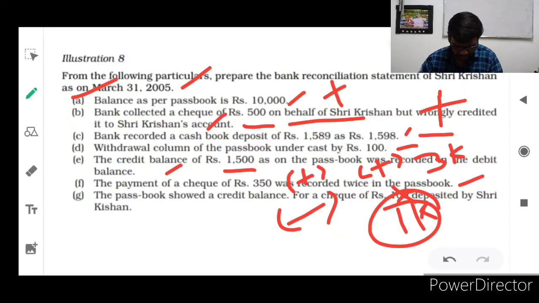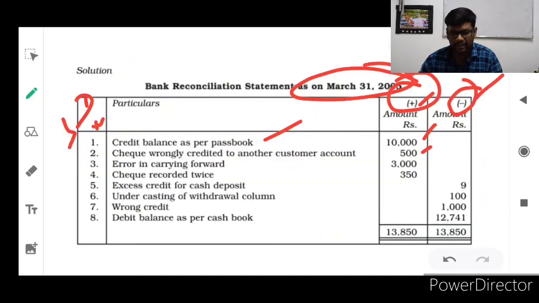And third one, bank recorded a cash book deposit of rupees 1589 as 1598 rupees. Here they wrongly recorded 9 rupees more in our bank account. So that 9 rupees they are going to deduct. You focus, this is excess credit for cash deposit, 9 rupees.